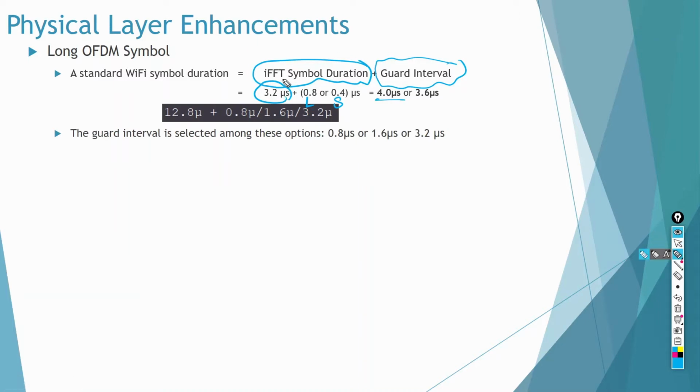different numbers. So for example, the IFFT symbol equals 4 times the symbol duration used in 11AC. Same case for the guard interval. The guard interval of 400 nanoseconds was removed.